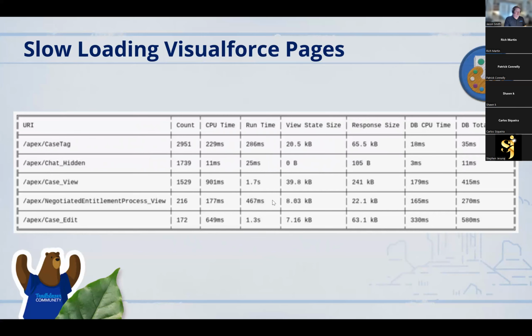This negotiate entitlement view was taking half a second to load, and we can dive deeper into those to optimize them and increase the perceived speed of Salesforce by reducing the load times. I don't have any examples of Lightning things because this org is not running in Lightning, but you can do similar things with the event monitoring data for Lightning.